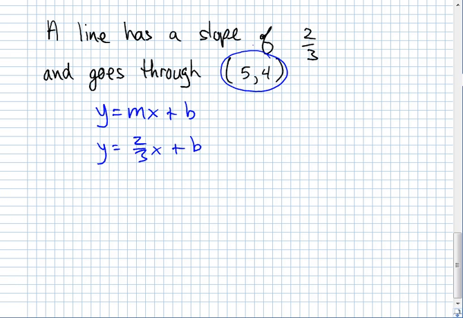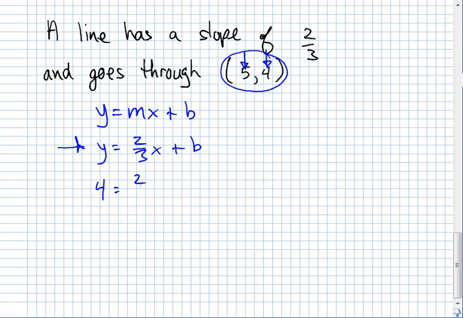What we saw today was that if you plug the coordinates into this equation and you get a true statement, then that point is on the line. Because we know it's on the line, we can plug that information into the equation to make a true statement. Put x equals 5 and y equals 4.